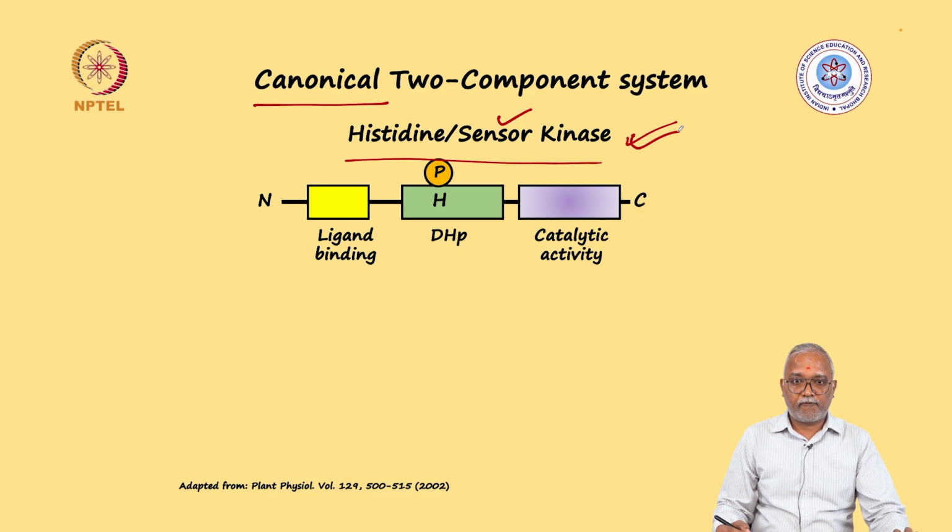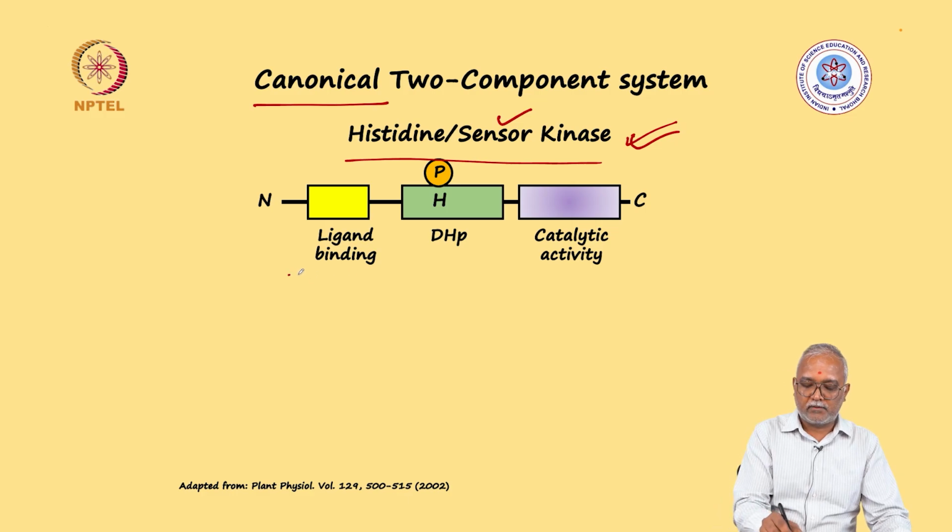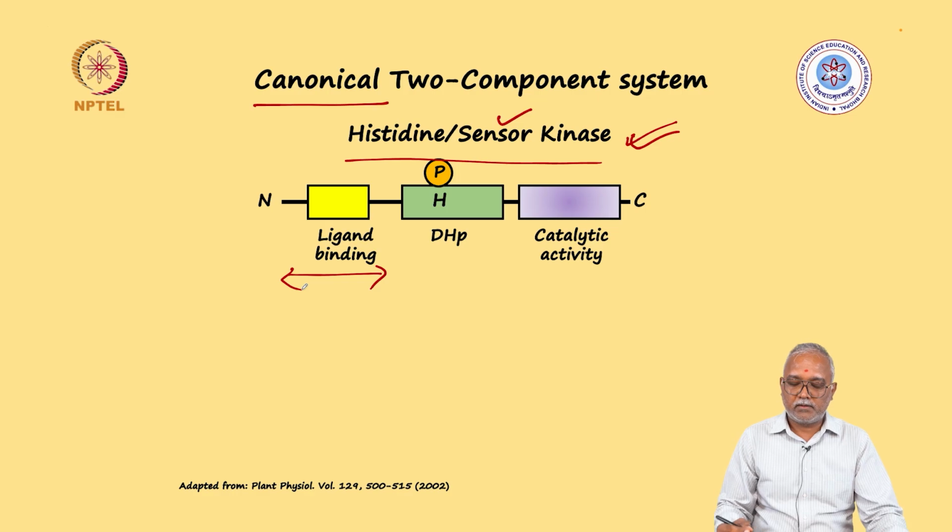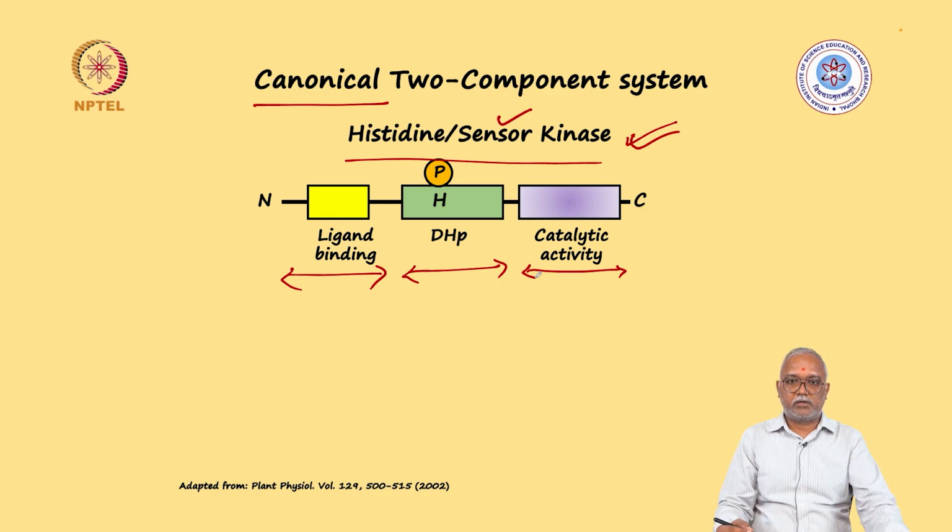A rough domain arrangement was such that there is an extracellular ligand binding domain, then you have an internal dimerization and histidine phosphorylation domain, and then you have a catalytic activity which is associated with the receptor.